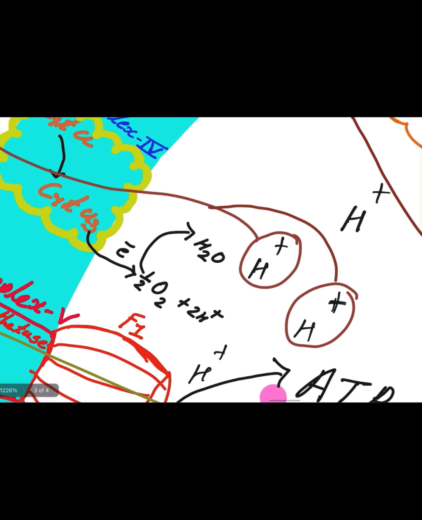Then cytochrome c to complex 4, cytochrome a and cytochrome a3. Now these electrons are finally accepted by atomic oxygen, that is 1/2 O2 plus electrons plus 2H plus, and all together it will form a water molecule.